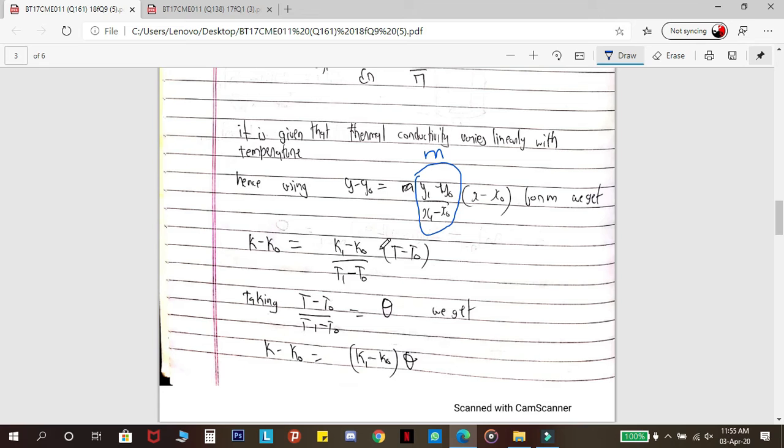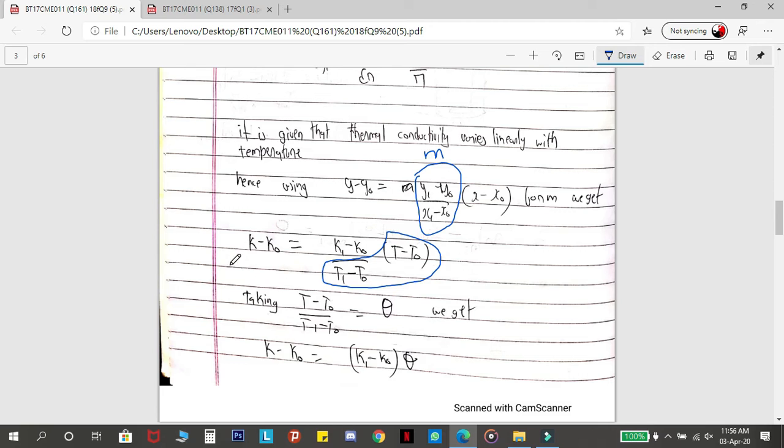Now I will take this term over here as theta. This theta is not related to the angle of the cylindrical coordinate system, it is just a variable theta. So (t minus t naught) by (t1 minus t naught) is theta.